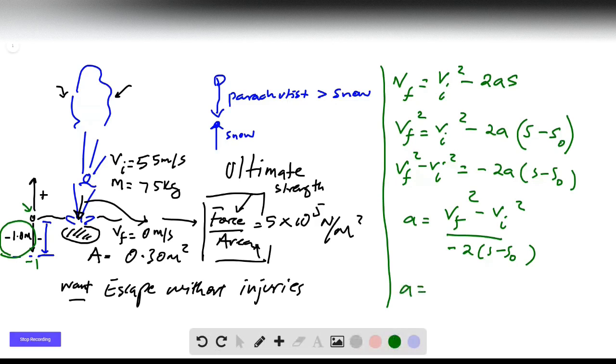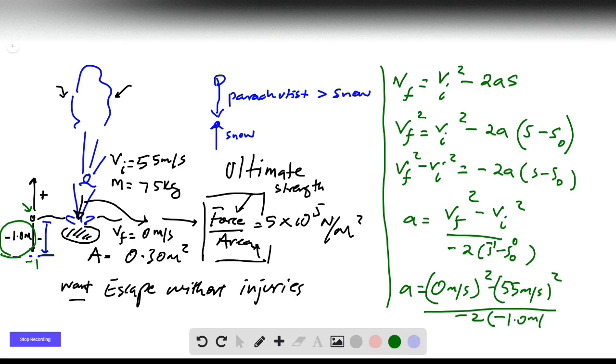So a equals 0 meters per second squared minus V initial, 55 meters per second squared, all over negative 2 times... Remember, s naught is 0 and s1 is negative 1, so this will just be negative 1 meters.